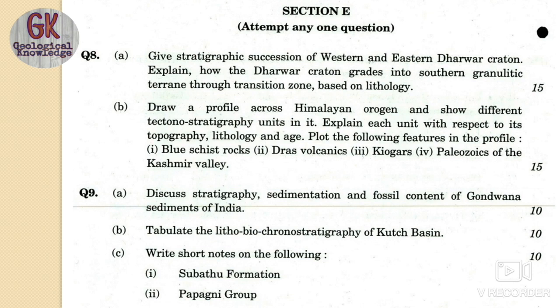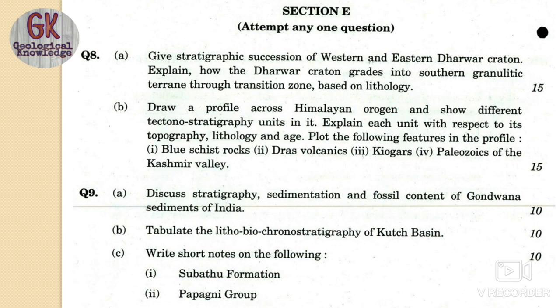And question number 9a: discuss the stratigraphy, sedimentation and fossil content of the Gondwana sediments of India. So you have to discuss the stratigraphic successions, sedimentation as well as the fossil content of the Gondwana sediments of India. And question 9b: tabulate the litho-bio-chronostratigraphy of the Kutch basin.